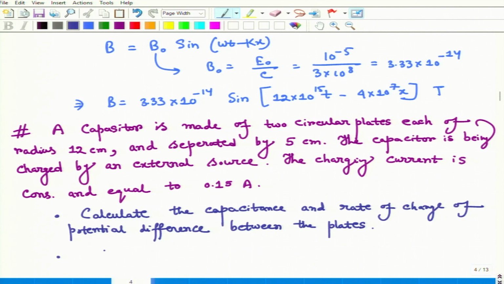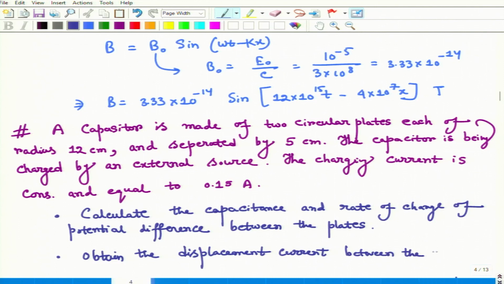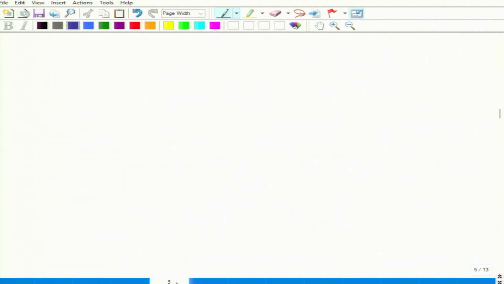And the second question is obtain the displacement current between the plates. Okay, so two questions are there. First question is totally from capacitor, and second question is related to displacement current taught in this course, electromagnetic wave. Okay, let me do the first question.